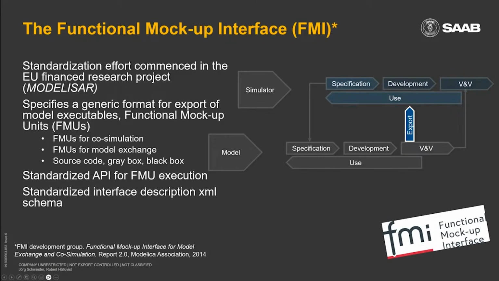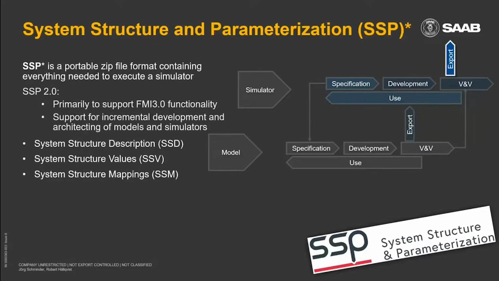But we had what I refer to as simulators on various different levels. And that is, for example, one aspect that the System Structure and Parameterization standard addresses. So SSP is a portable zip file type format, just like FMI, that contains everything, in quotation marks, that is needed to execute such a simulator.